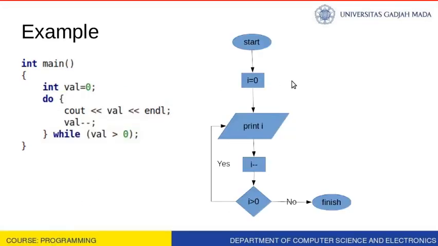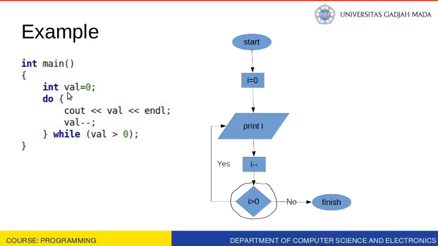And here is the example of the flowchart when you're using do while. If you can see here, the difference between while and do while is that the checking condition is done after we do this i minus minus.